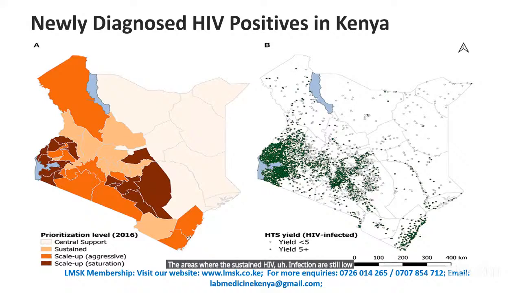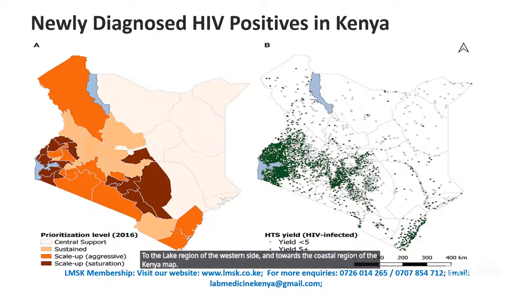Like from Northeastern coming to around after the coastal region, after the Western, going to part of the Rift Valley, the prevalence is slightly lower compared to the lake region of the western side and towards the coastal region of the Kenya map.